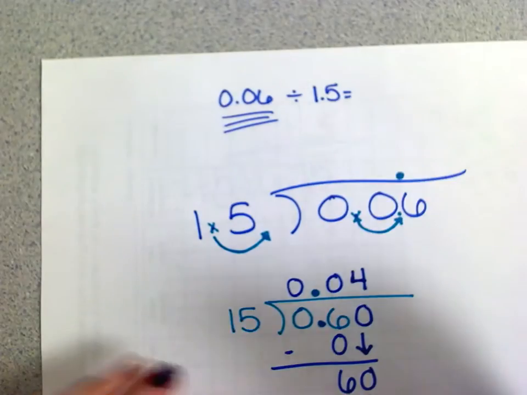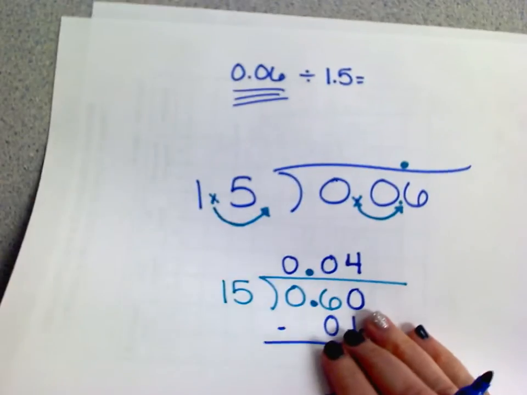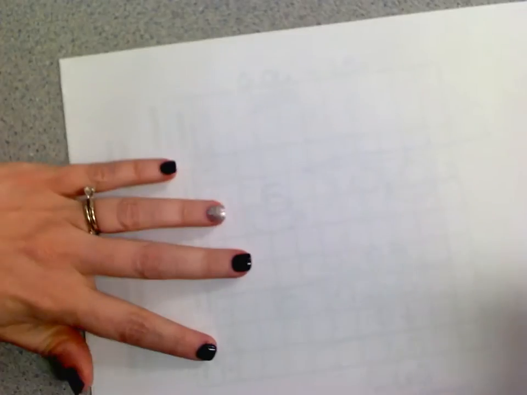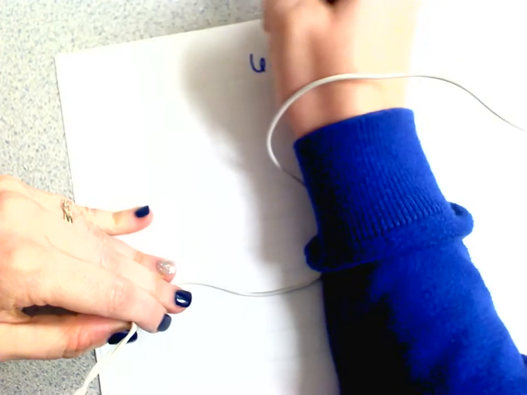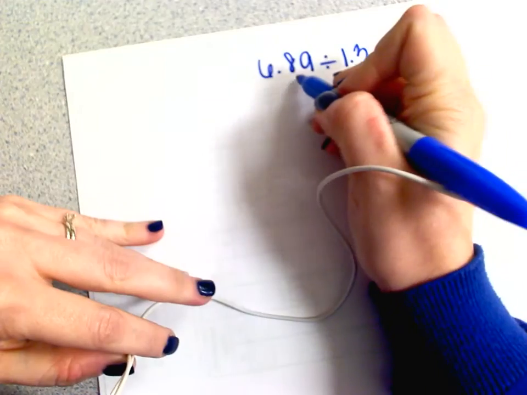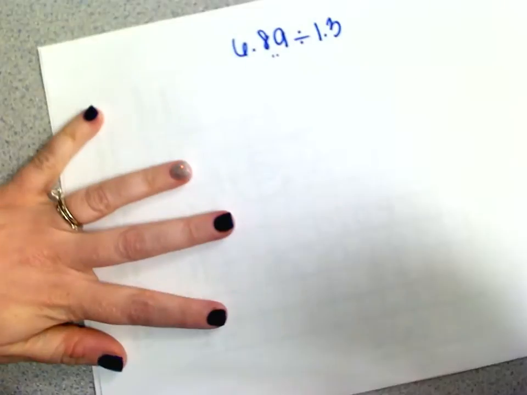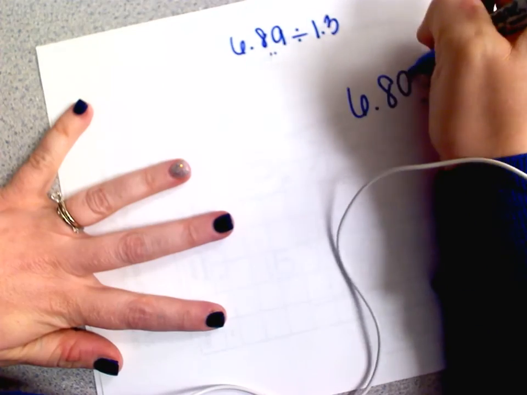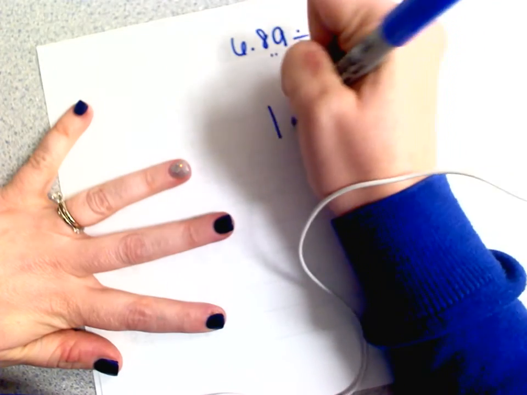All right, let's do this last one together. This is what it looks like on paper. 6 89/100 divided by 1 3/10. Remember, this is what goes inside of the house. That's written first in this division problem. 6.89 divided by 1.3.